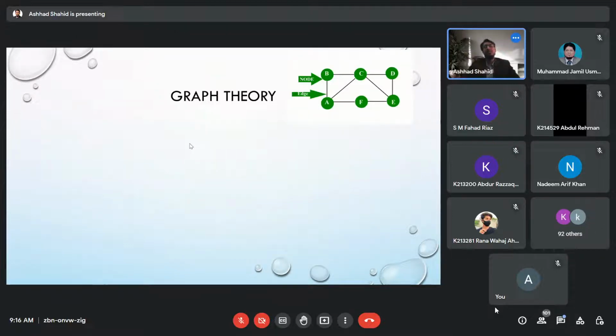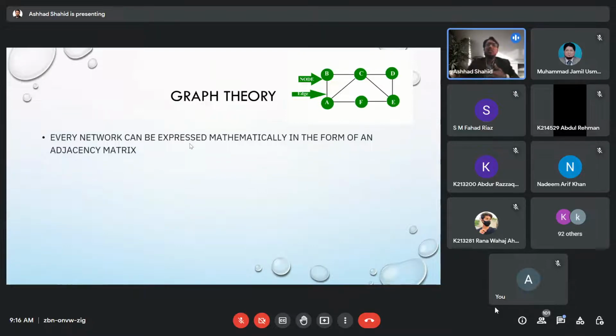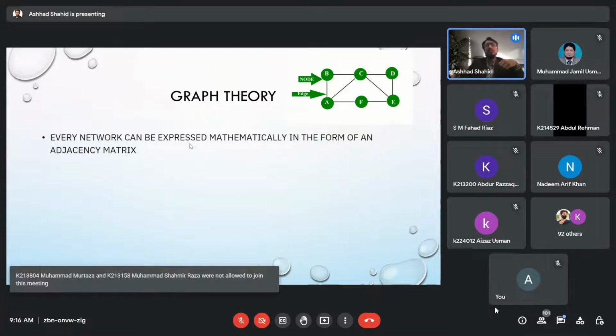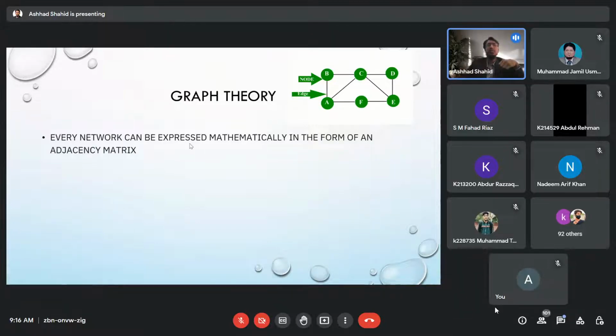Graph theory is the second application we have to study and be motivated by. Graph theory is basically a representation where every network can be expressed mathematically in matrix form. We have two matrix forms in graph theory: maybe the adjacency matrix, or maybe we describe the edge matrix.